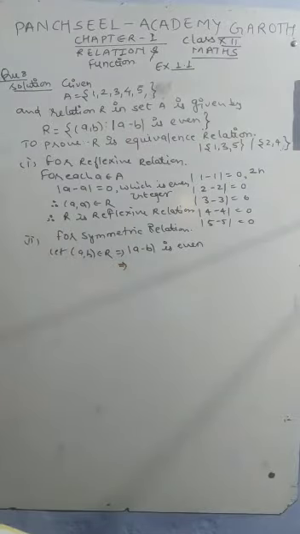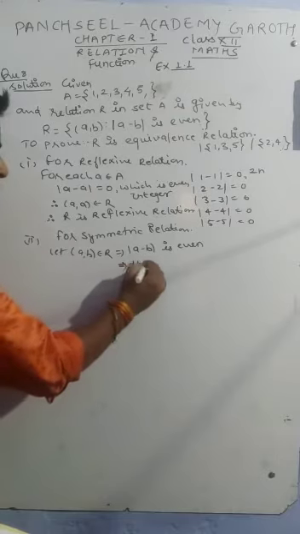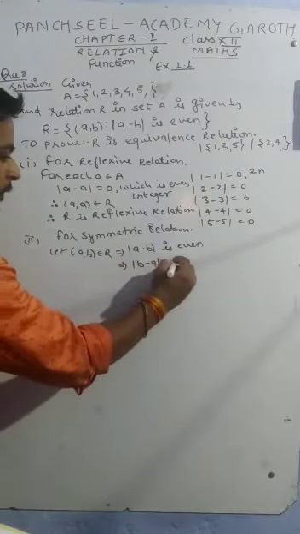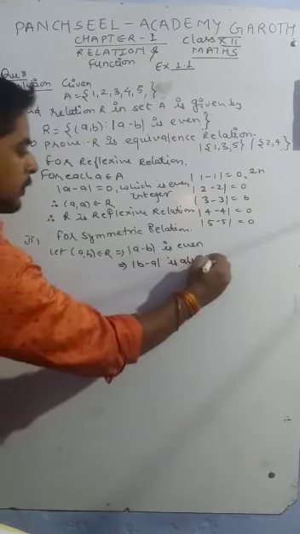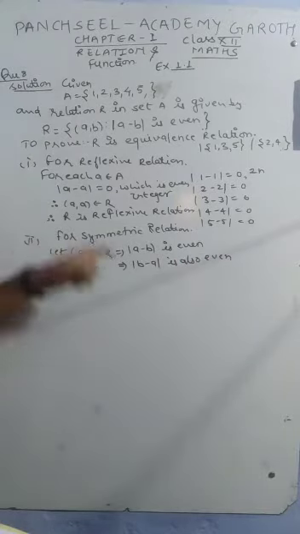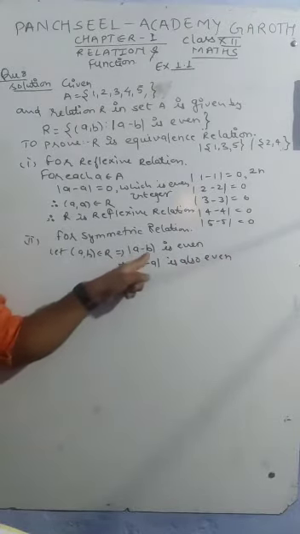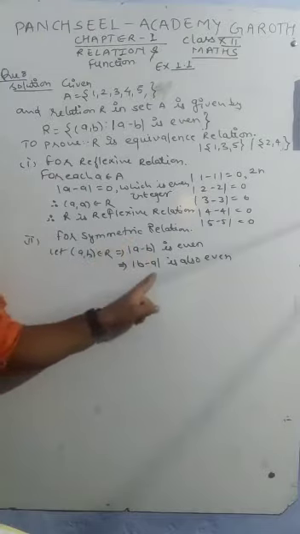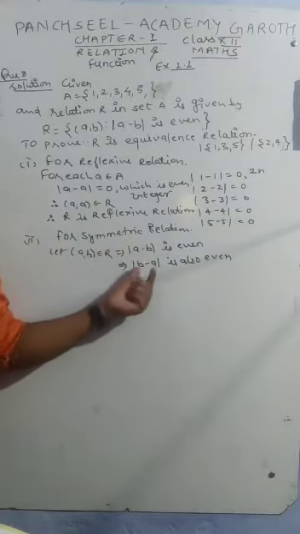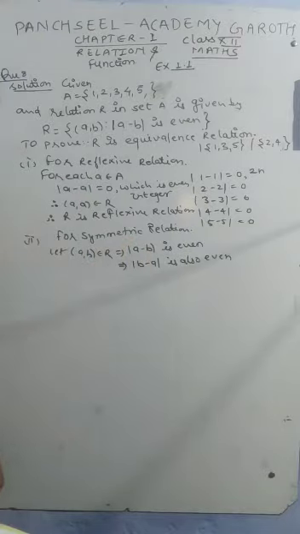This implies that if A minus B is even, then the modulus of B minus A is also even. If the subtraction is even, then B minus A will also be even, because both contain the same value.